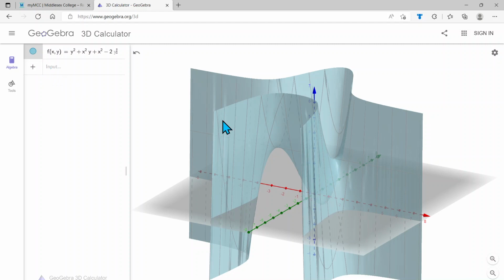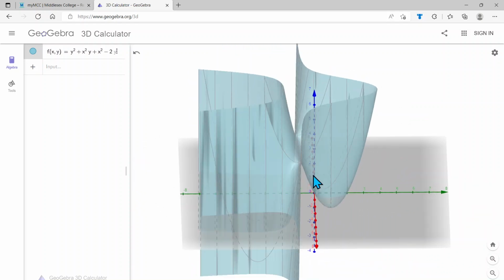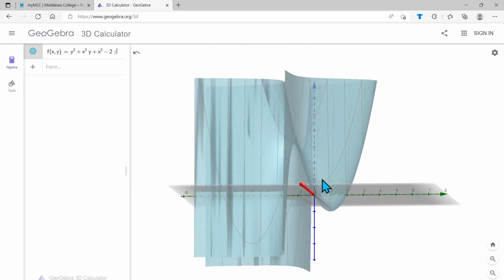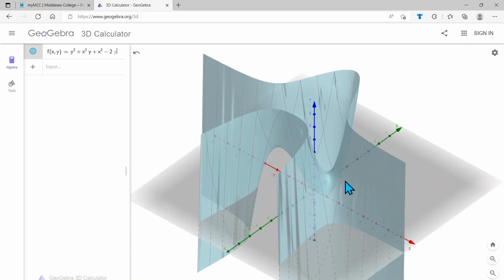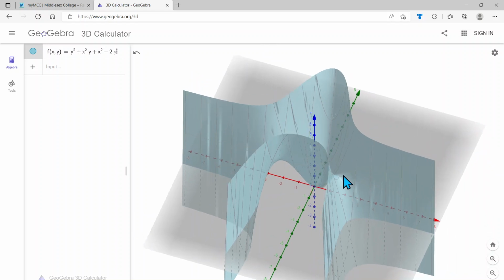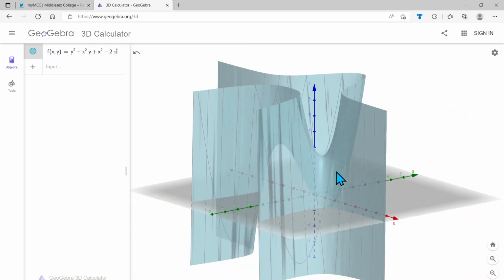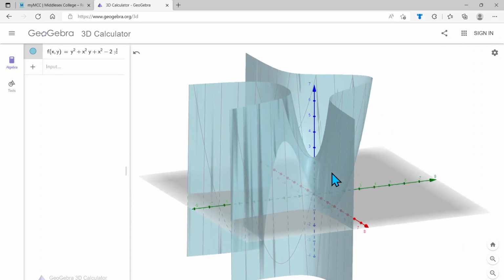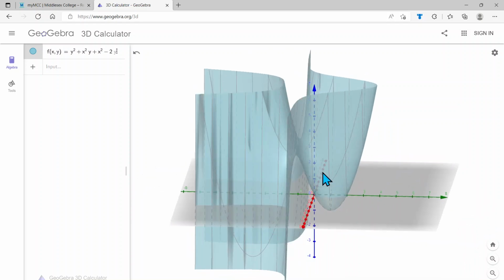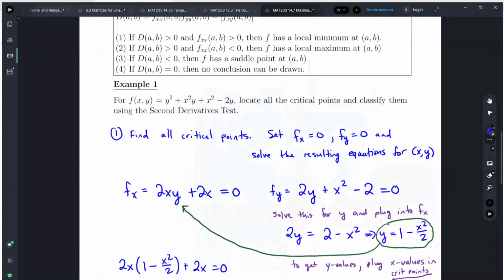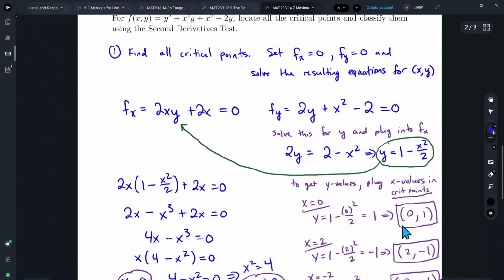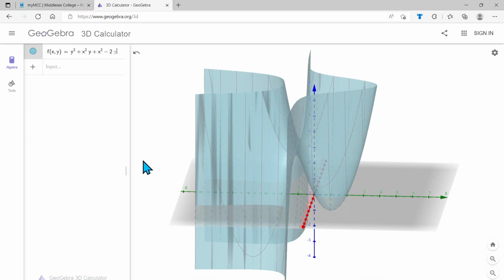Okay, so it's drawing the graph here. This is what it looks like. You can see that there's a local minimum here, and this is going to be one of the saddle points. But let's actually try to locate the points exactly. What were the critical points I calculated? The first one was 0, 1. So let's locate them on the graph.